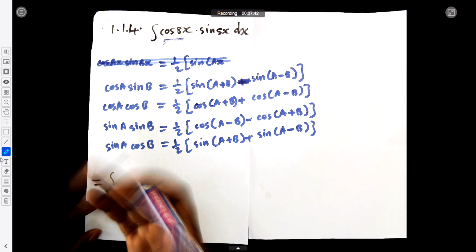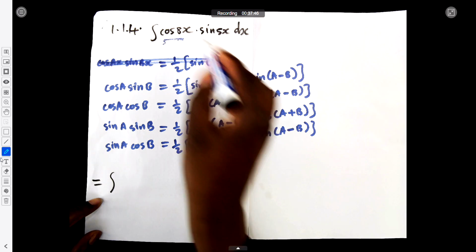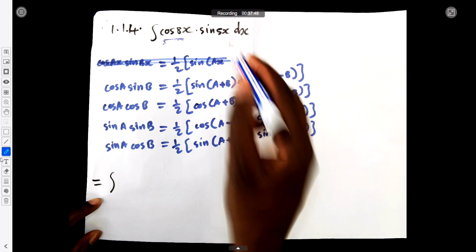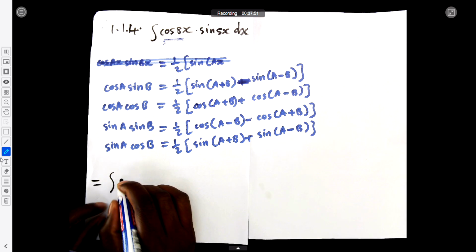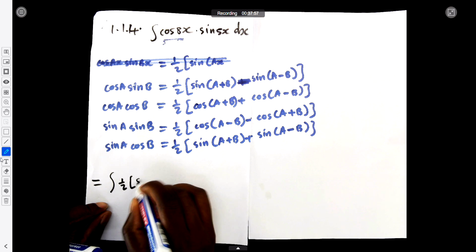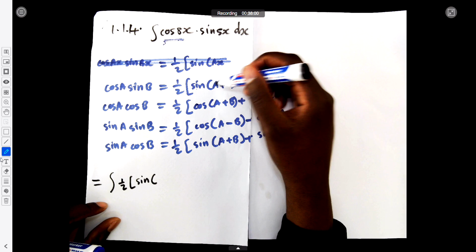When you utilize the identity, you can write on top that if I have cos A sine 5x, it will be half 1, 2, 3. But come back and substitute back to the integral and say that it will be half in bracket sine A plus B, isn't it?